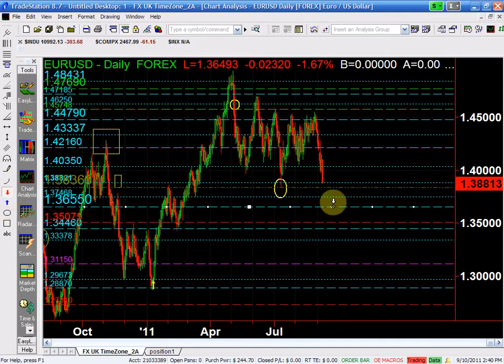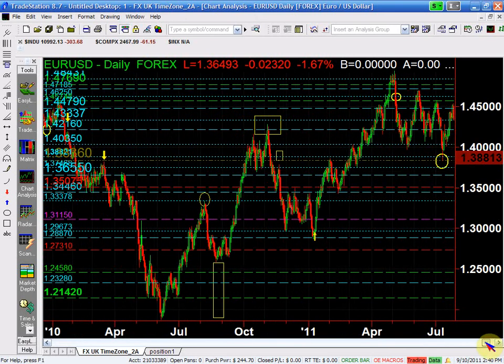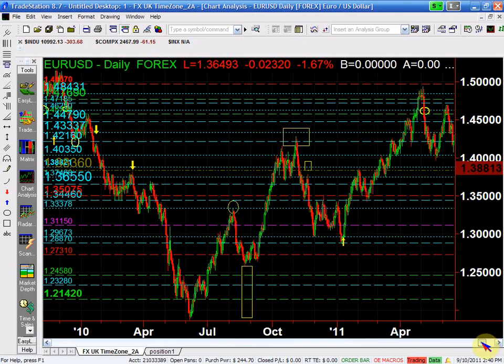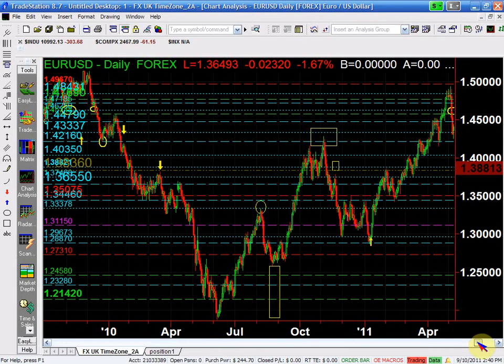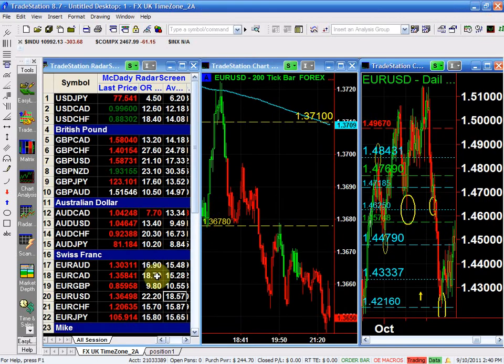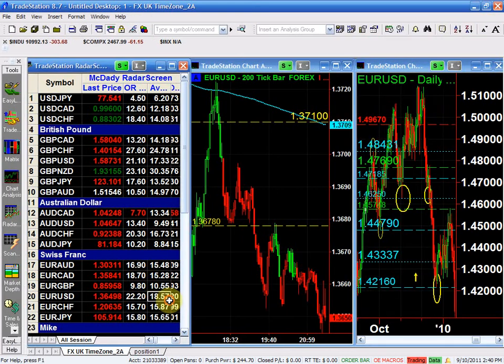This missing day makes it a little bit confusing, right? But the next structure point would be the 134.46. So the next structure short is going to be the 134.46.